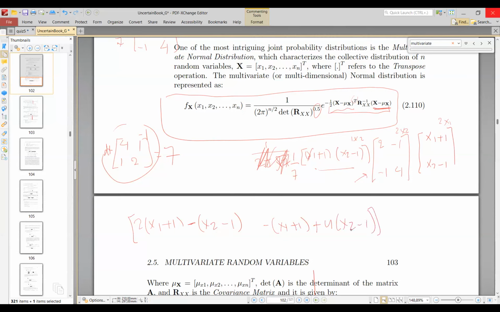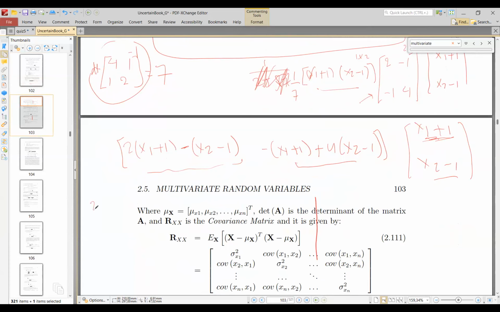But still we need to multiply this by (x1 plus 1) and (x2 minus 1). So you take the first element and multiply it by the first element in this vector, and the second element in this row by the second element in this vector. So the result will be 2(x1 plus 1) squared minus (x2 minus 1) times (x1 plus 1).